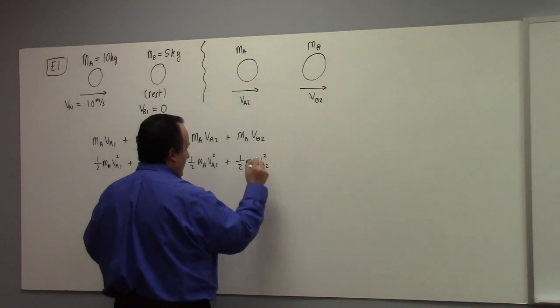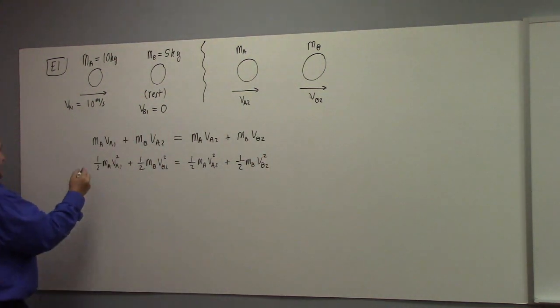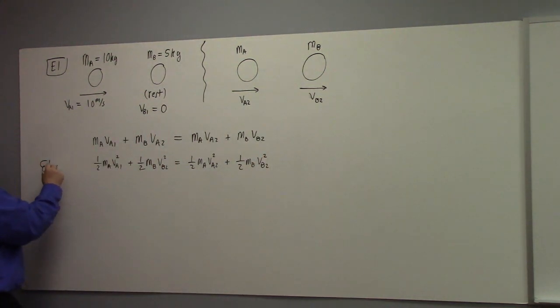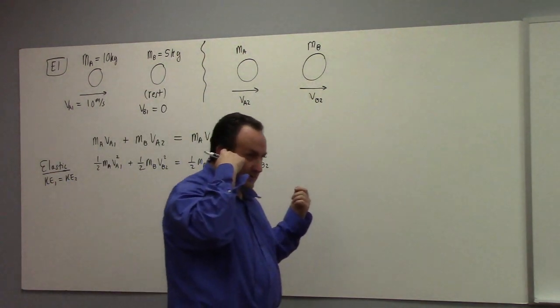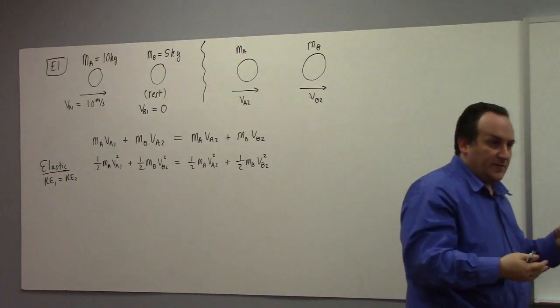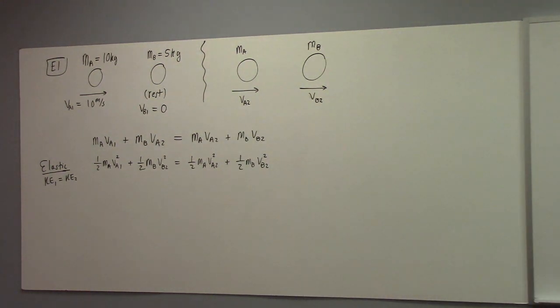This is the elastic condition. So kinetic energy 1 equals kinetic energy 2, right? But thankfully, we don't have to work with that, because I've already gone through the trouble of solving that. And what did we replace that with?